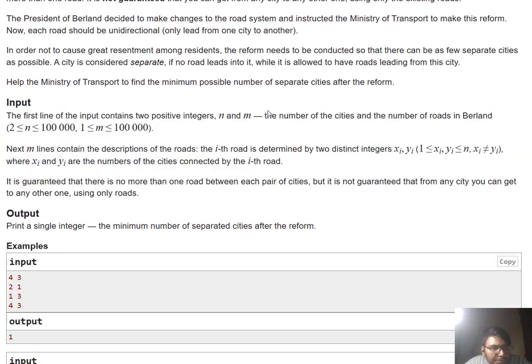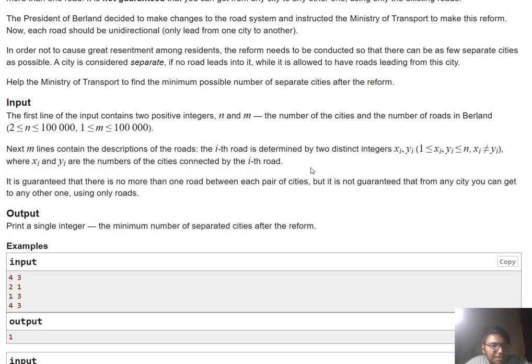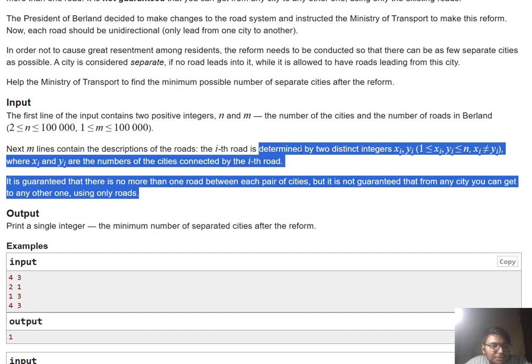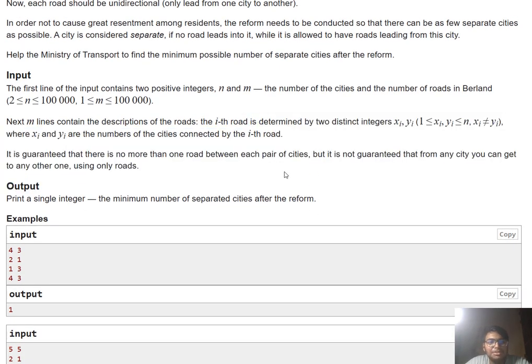The next lines contain the description of roads, so these are basically the edges. It's guaranteed that there is no more than one road between each pair of cities.